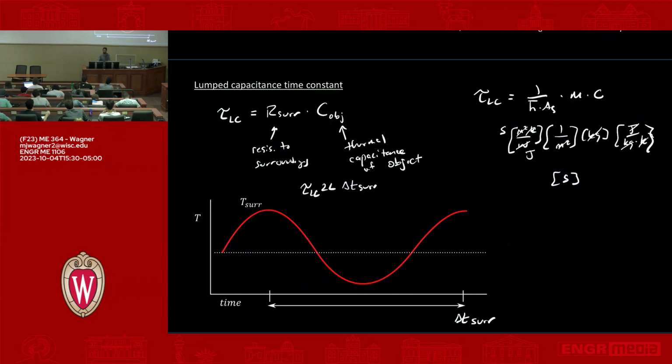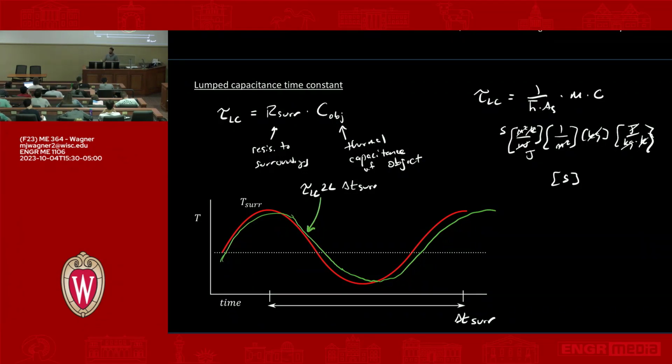So what would this look like? Well, you can imagine it would look something like this. It trails along, maybe it lags a little bit, but it basically trails along with the ambient temperature. So that's this one here.